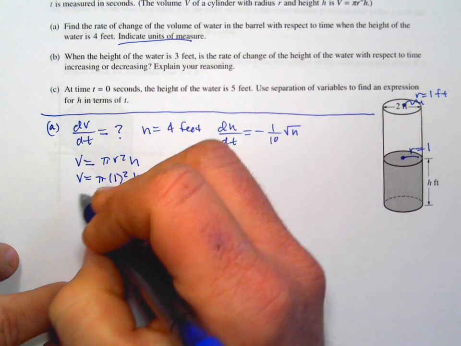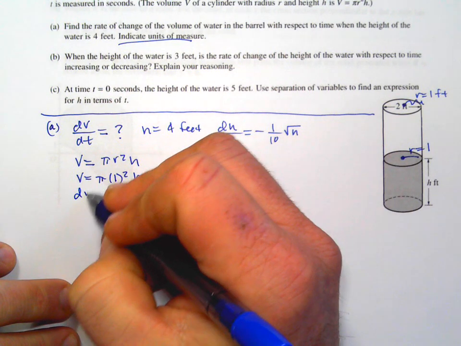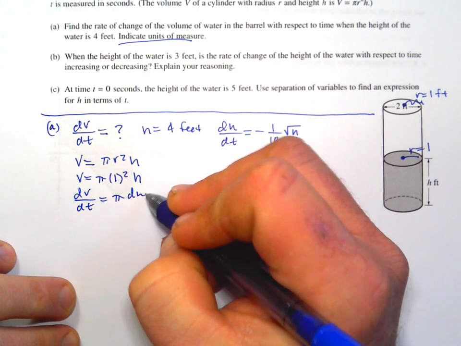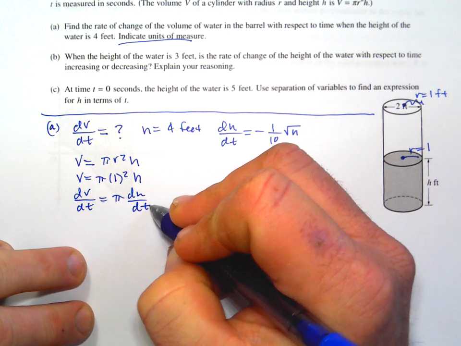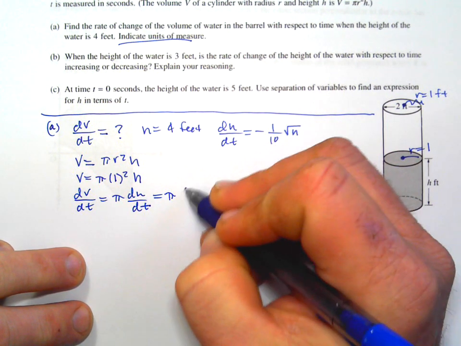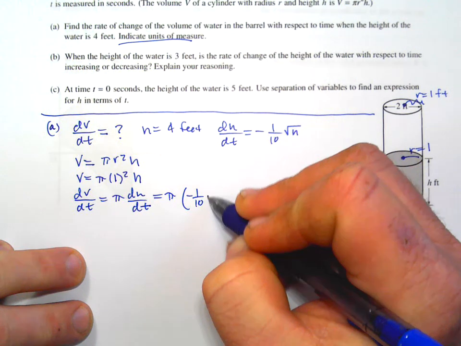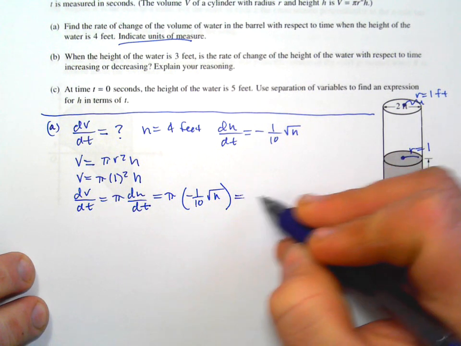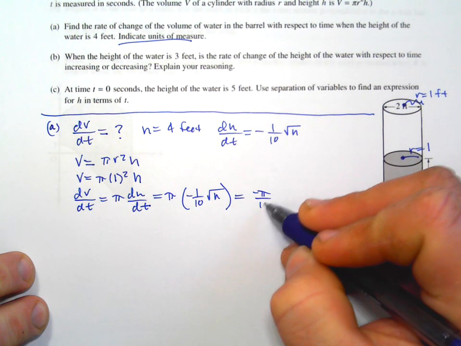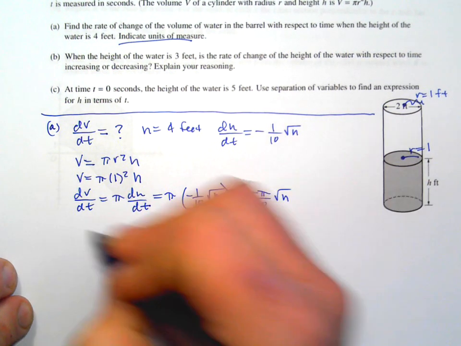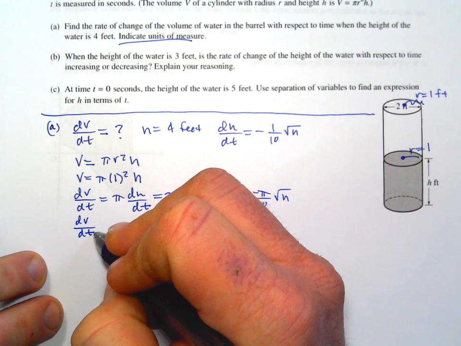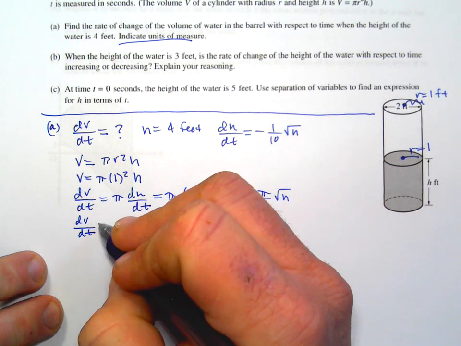So we're going to take the derivative. dV/dt equals pi dh/dt, right? And dh/dt is -1/10 square root of h. So we get -pi over 10 square root of h is dV/dt. We want dV/dt when the height is 4.